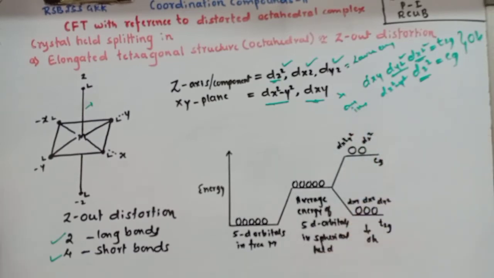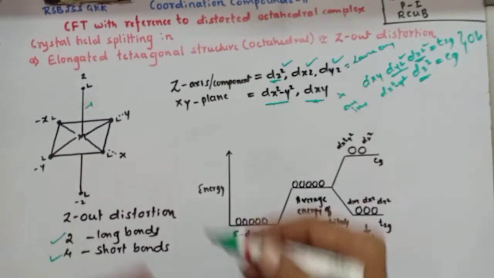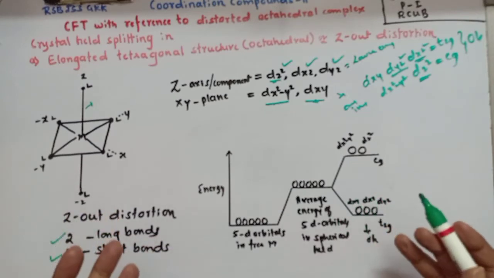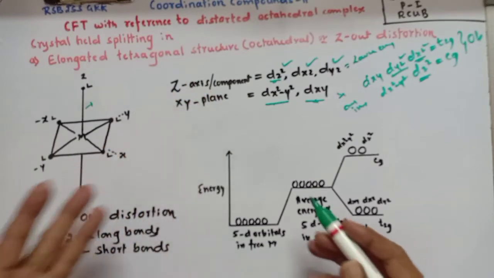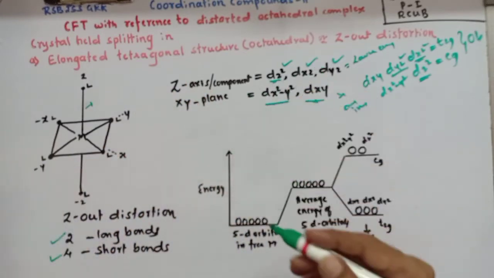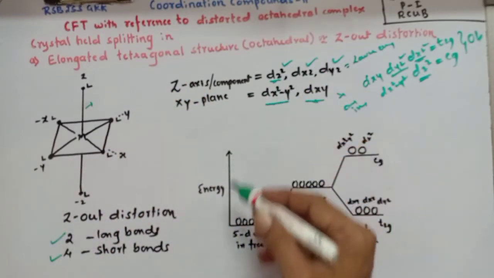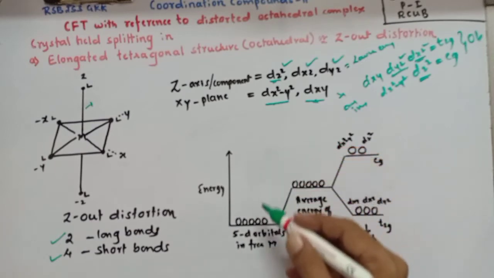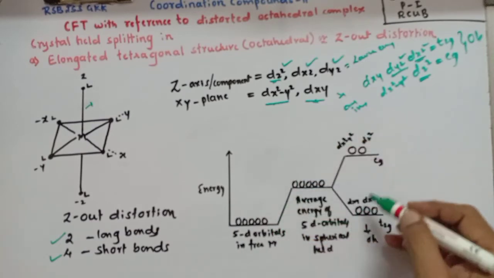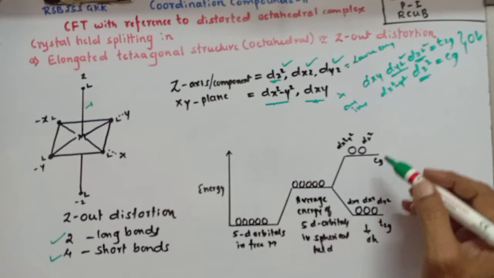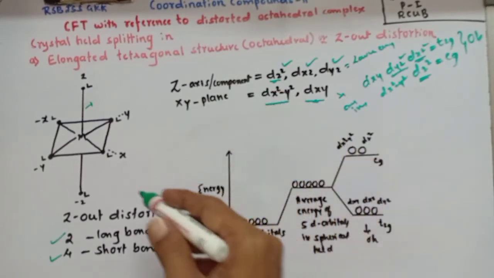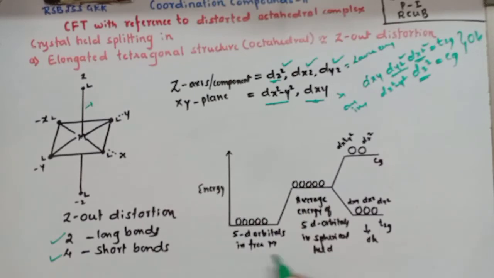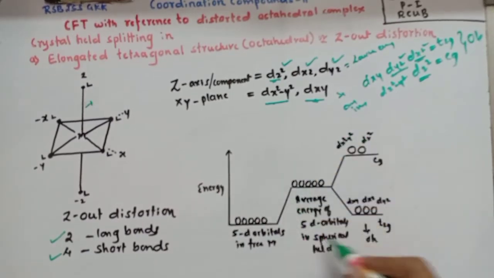Now in order to write the crystal field splitting diagram for the elongated tetragonal structure, that means the elongated octahedral structure, we first have to write the crystal field splitting diagram for the regular octahedral structure.